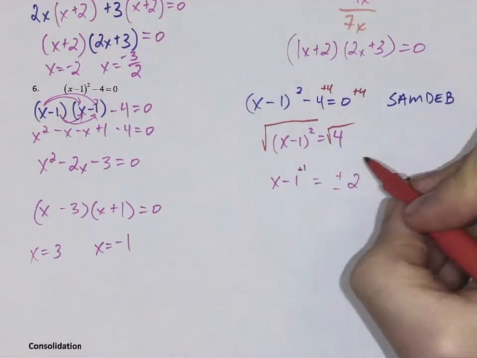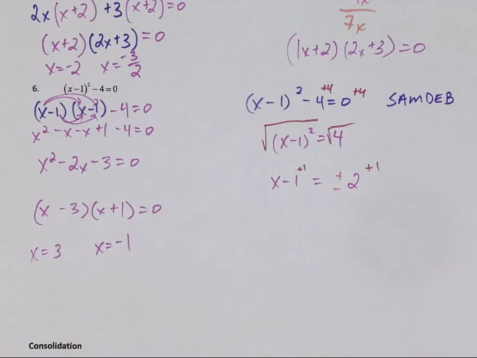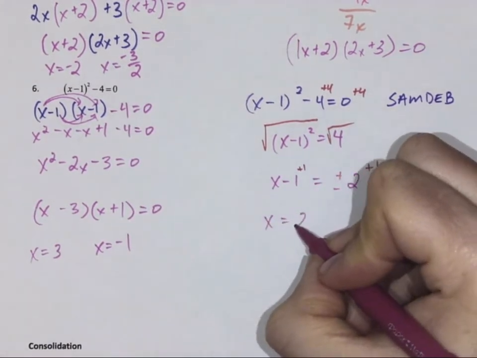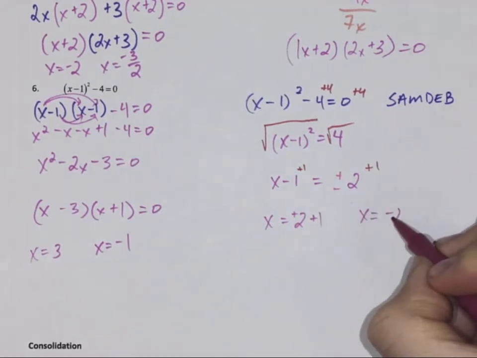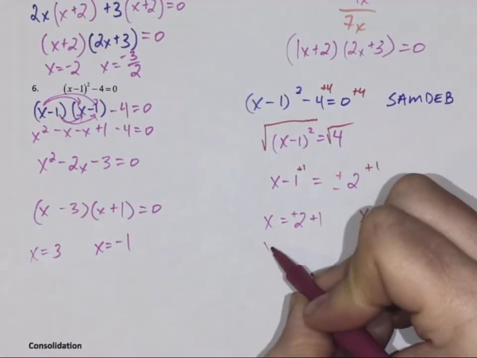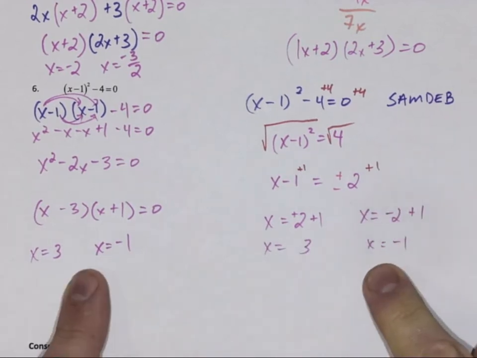So when I add 1 to get x by itself, I'm really also doing x is going to be positive 2 plus 1, and x is going to be negative 2 plus 1. And we get the exact same solution.